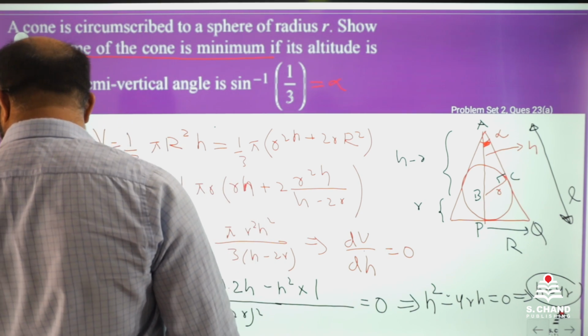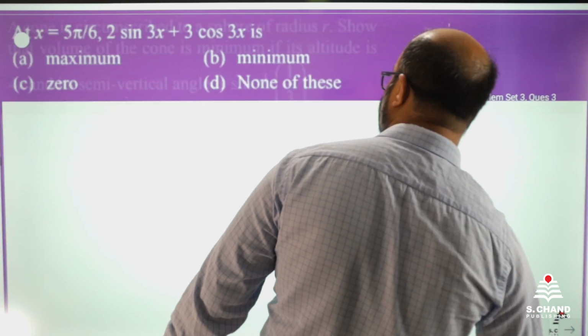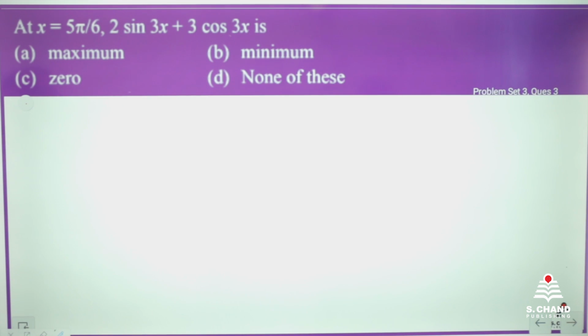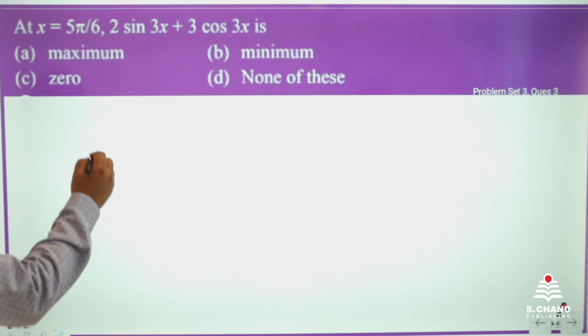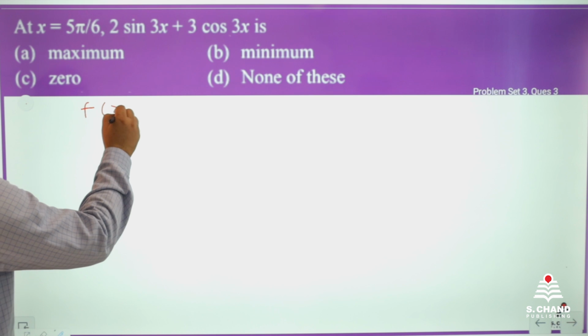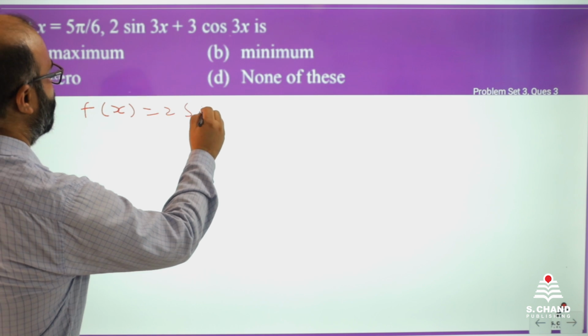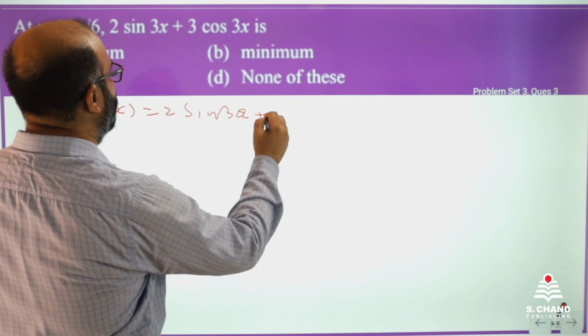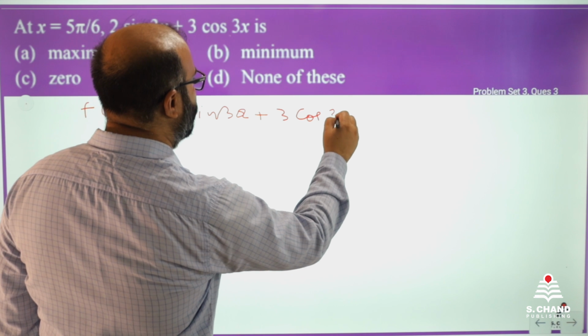Now let us come to the next question, students. The next question is: at x is equal to 5 pi by 6, 2 sine 3x plus 3 cos 3x is maximum, minimum, 0, or none of these. We have to check. So the function f(x) is equal to 2 sine 3x plus 3 cos 3x, like this.